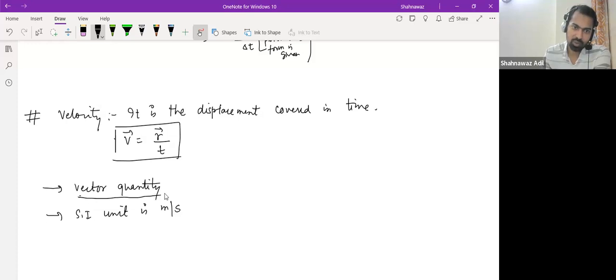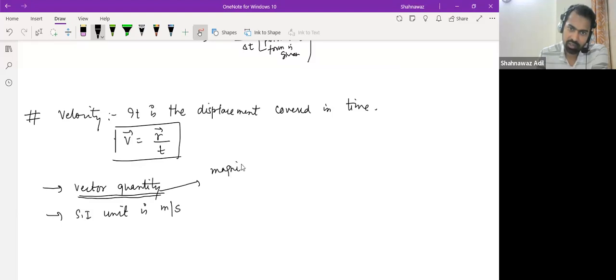So what part would also be important? As this is a vector quantity, what part would also be important? The direction. So magnitude would be important as well as the direction, right?